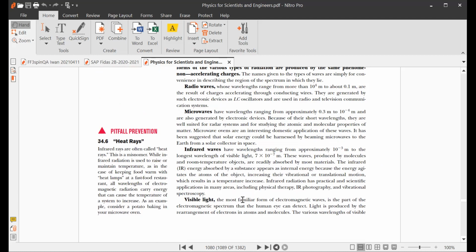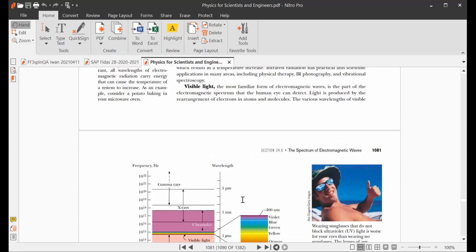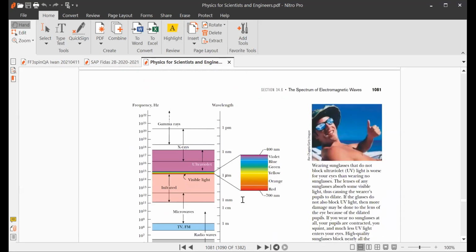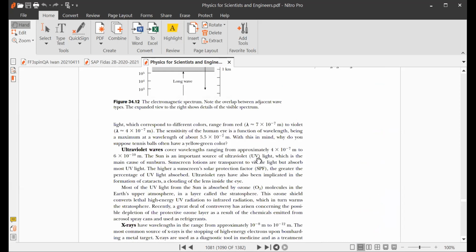For the wavelength, this is red, 7 times 10 to the minus 7 meter. Then going to the highest frequency, this is the shortest wavelength in visible light, 4 times 10 to the minus 7 meter. This is violet.